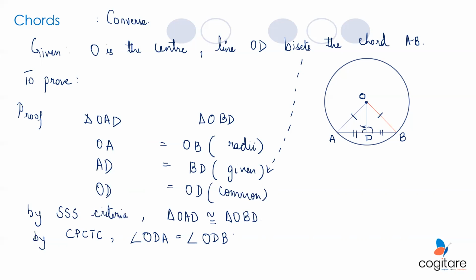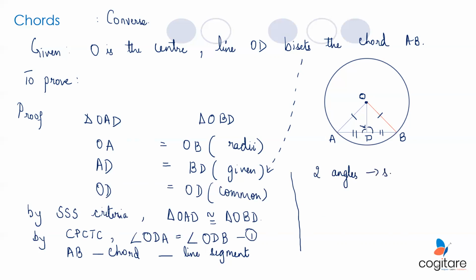So if these two angles are equal, keep this aside for a minute. And AB, what is AB, guys? AB is a chord. We know that a chord is a line segment, right? Now, you have two angles with the same vertex.